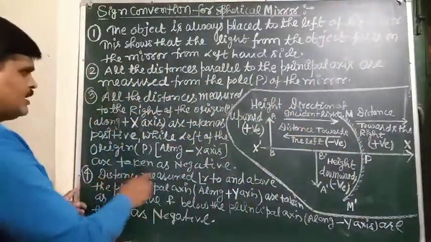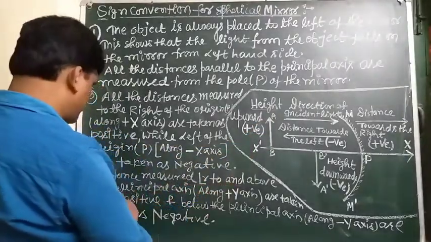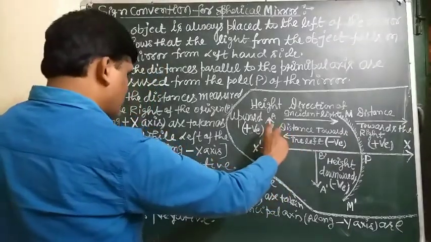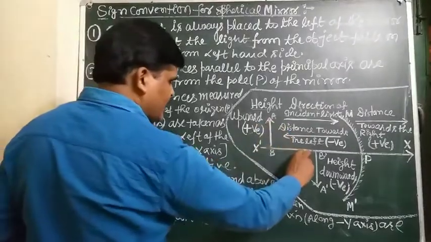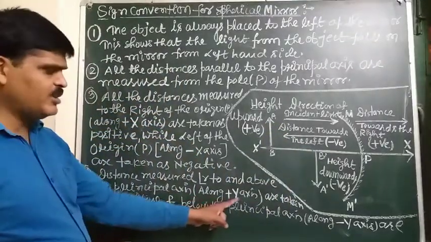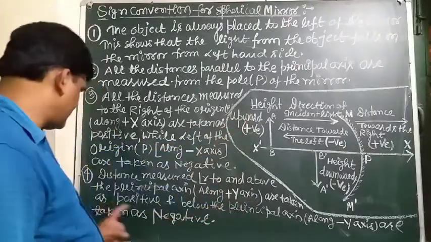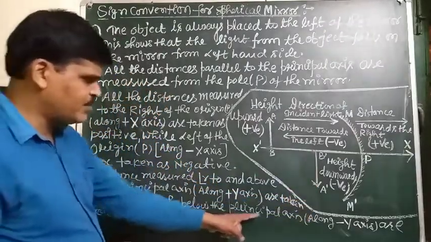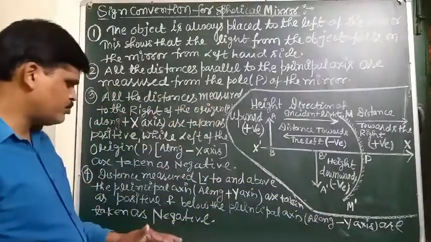And height: distance measured perpendicular and above the principal axis, along positive y-axis, means height along positive y-axis is taken as positive, and height below the principal axis, that is along negative y-axis, is taken as negative.